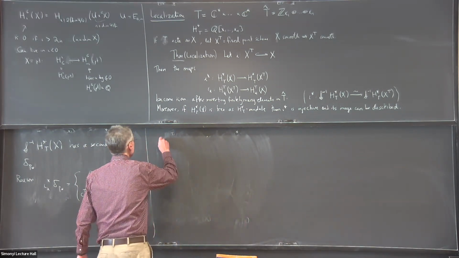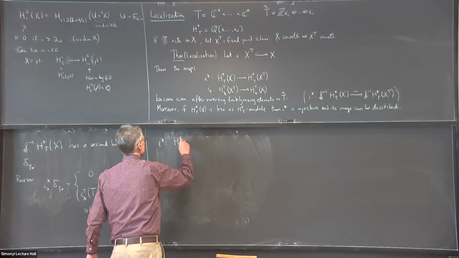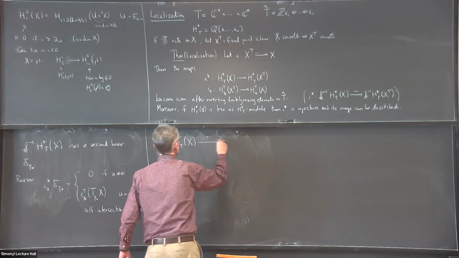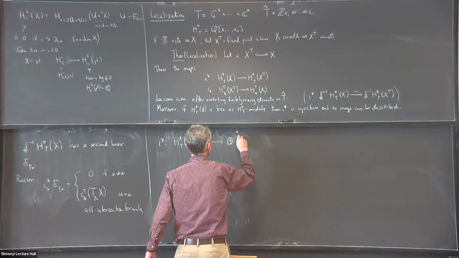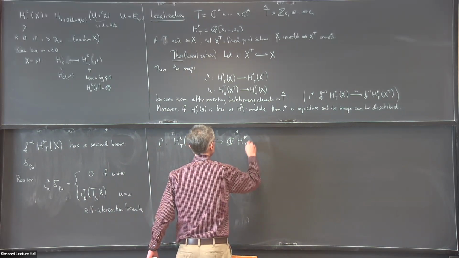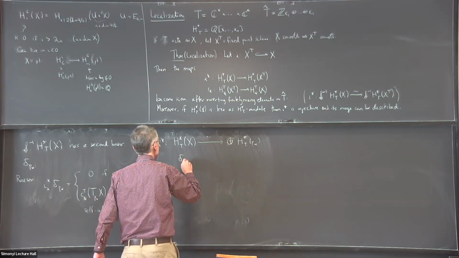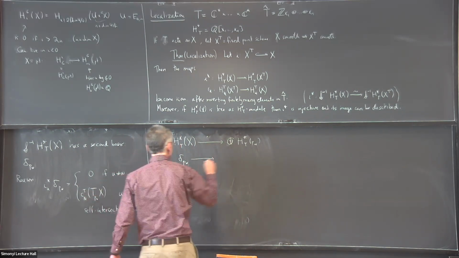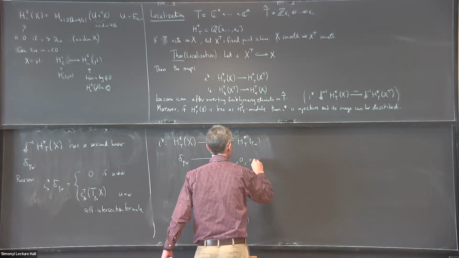So if you look at I star of H star K of X, the H star to the direct sum over these H star T's of PW, say, what this is, if I take the class of PW, what this goes to by this remark here, goes to zeros in every coordinate except one.